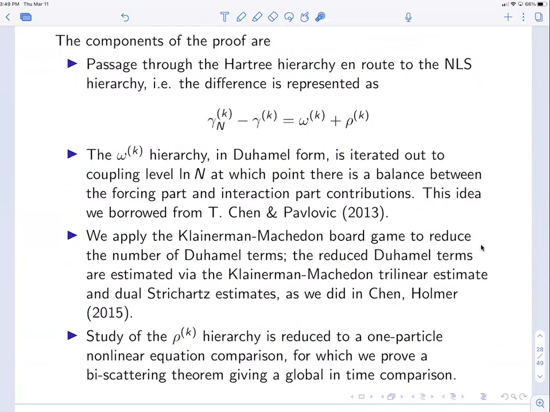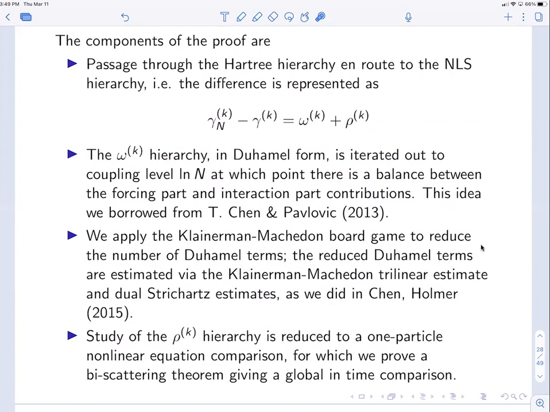So the components of the proof are, first of all, as we said, passage through the Hartree hierarchy en route to the NLS. And then representing this difference in terms of the two pieces and then estimating each piece separately. So the omega k hierarchy we take and represent it in Duhamel form, as an integral equation.